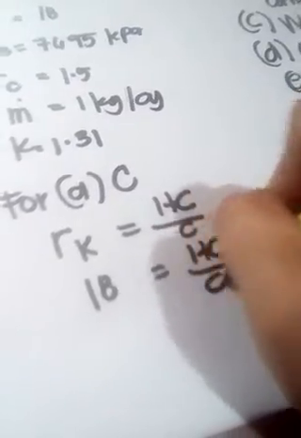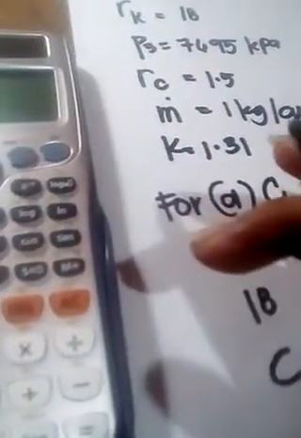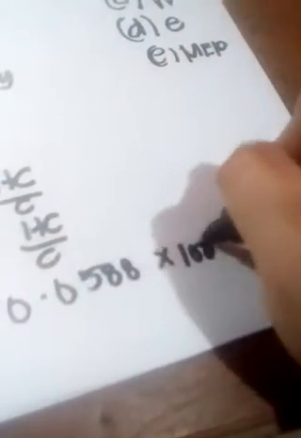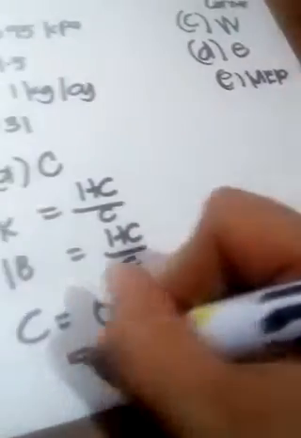Therefore C is equal to 1 over (18 minus 1), which is 0.0588 times 100%, so C is equal to 5.88%. So this is the first unknown.